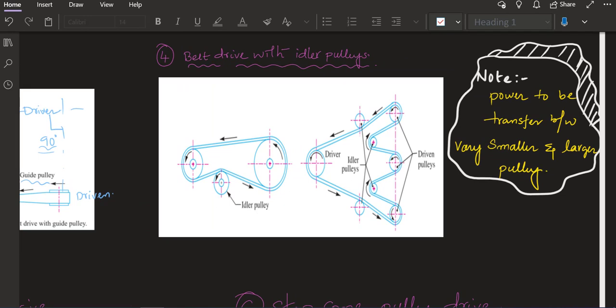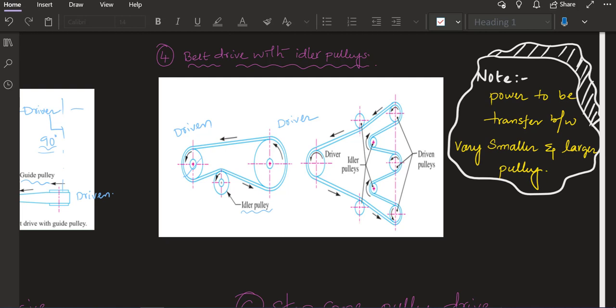Now we'll be seeing another type of belt drive in which we'll be using an idler pulley, that is called an idler. Let us say this is a driver pulley and this one is a driven pulley. Now if the size of the driven pulley is very small when compared to the driver pulley, the required angle of contact could not be achieved.